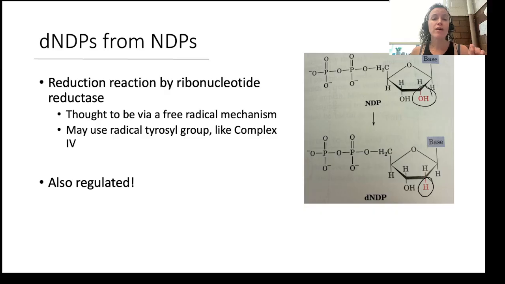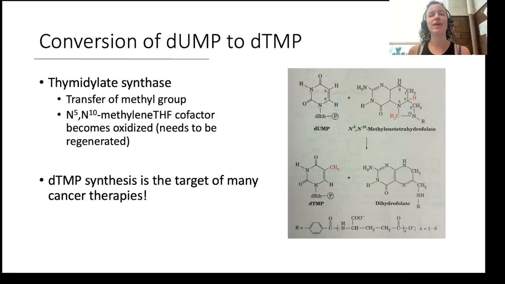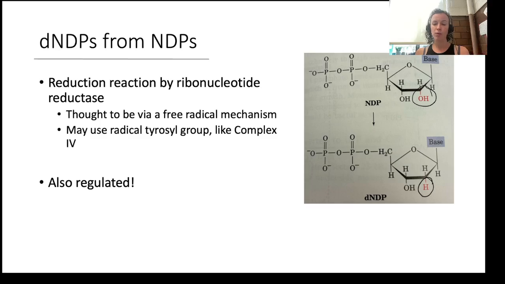And once we have converted the NDP to the dNDP, the deoxyribonucleic acid, we can finally get to dTMP. So what's happening after we convert the ribonucleic acid to the deoxyribonucleic acid, right?